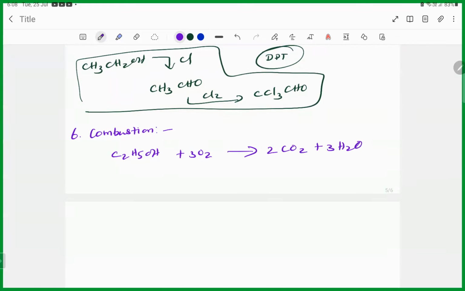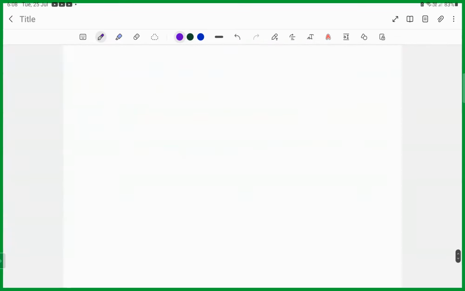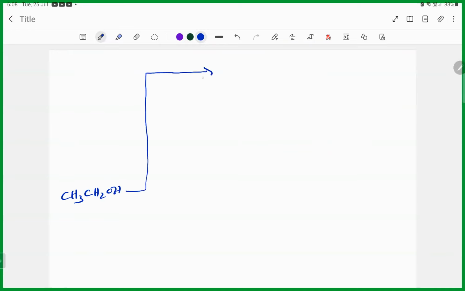Okay, I will write all the reactions together to make it easy. We take CH3CH2OH. When you use hydrogen chloride, halogenation takes place. It will give CH3CH2Cl plus H2O in the first case.